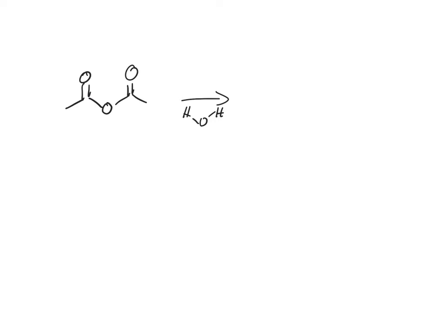But this will turn into a carboxylic acid, right? Two of them. If you look at the picture, you'll make two of them for every one anhydride. You're going to make the same carboxylic acid twice. So this would be essentially neutral conditions. So the first step is just going to be addition.